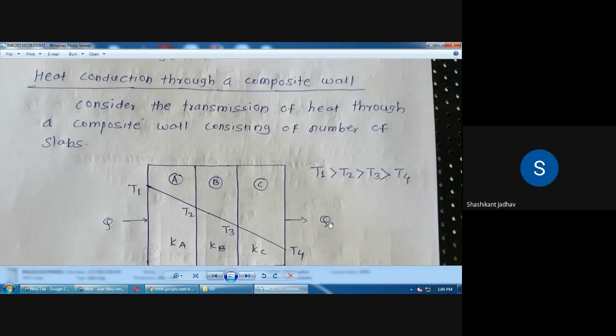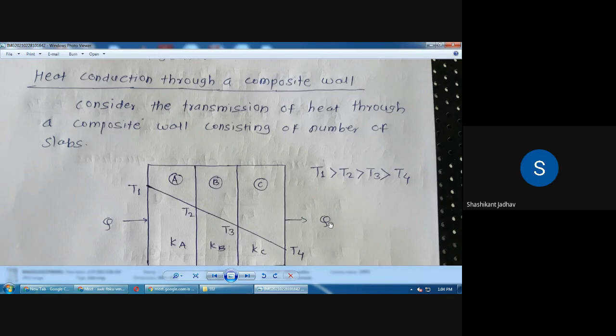Okay, write down the first line: consider the transmission of heat through a composite wall consisting of a number of slabs.